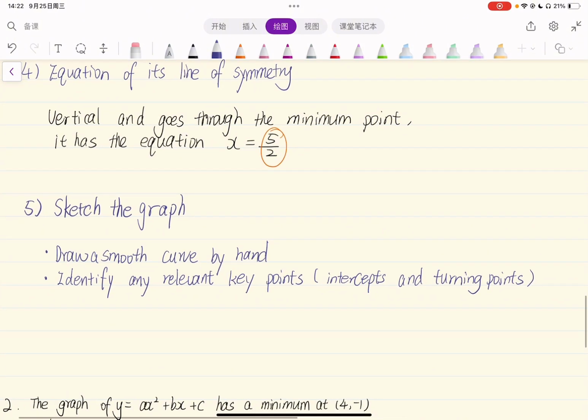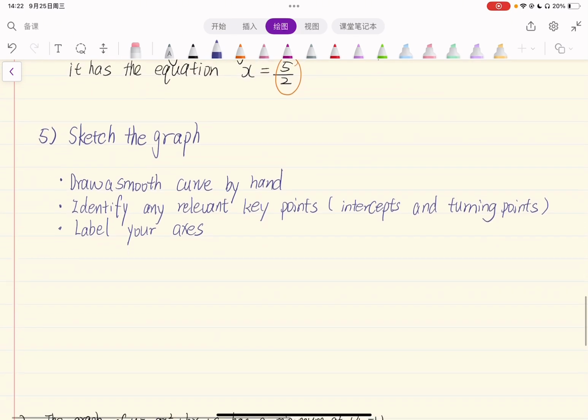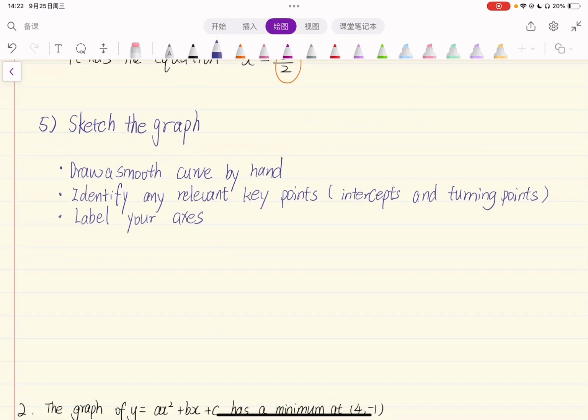The third thing is to label your axes. That's what you need to do to sketch the graph.